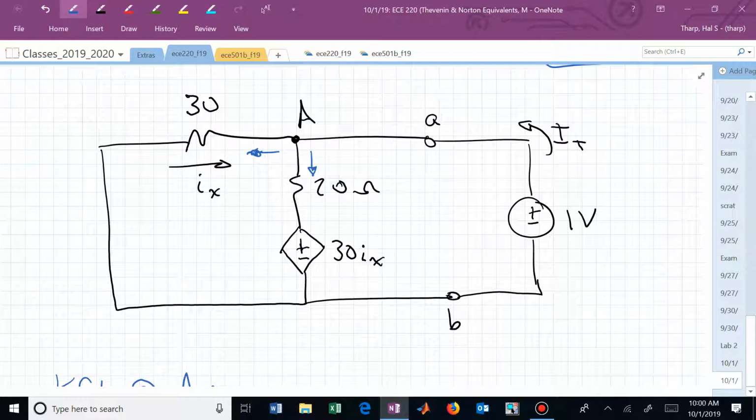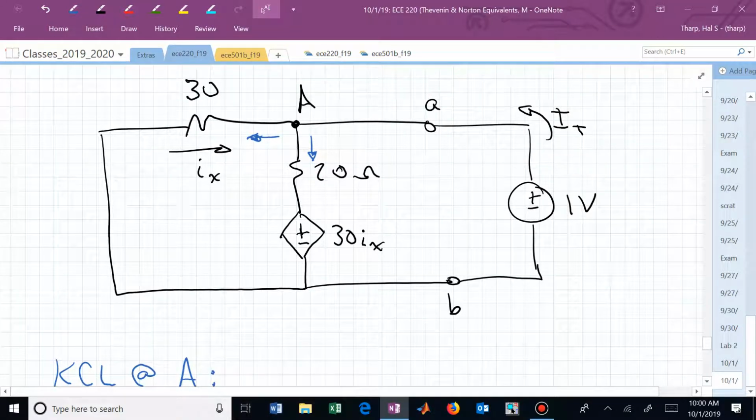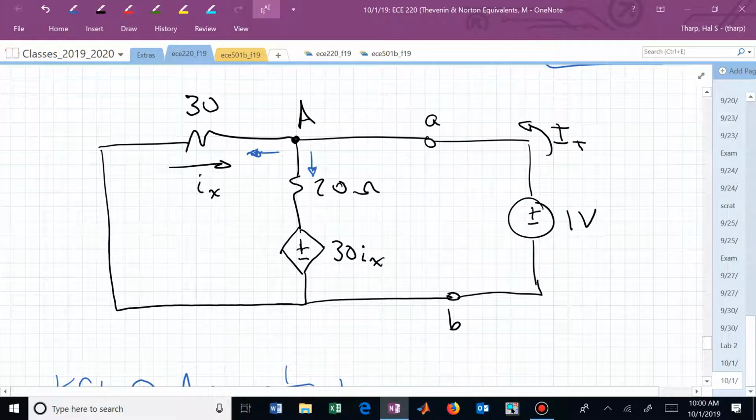The current going to the left, can I find an expression for that? What is that current going from right to left out of capital A? That's my test voltage, 1 divided by 30. So now I have 1 over 30. What's the vertical current? Blue going down.